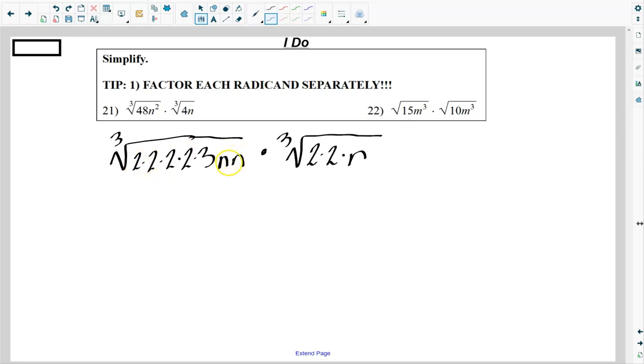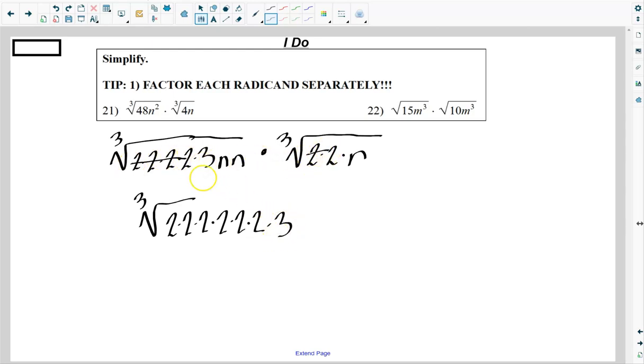Now before we do anything else, we're going to combine the two radicands underneath the same radical and index. So we are going to have this 1, 2, 3, 4, 5, 6. I've used them.